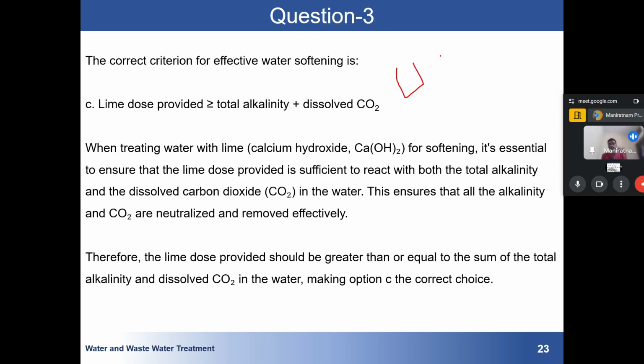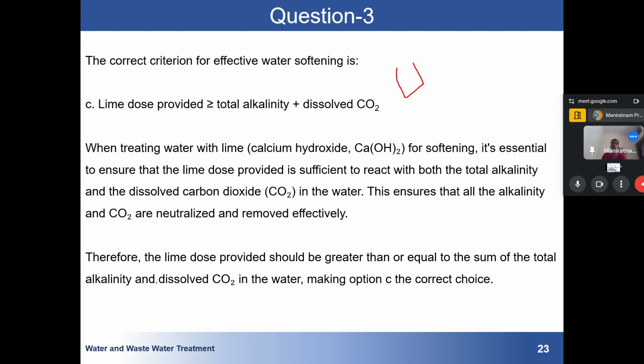By adding lime, I will be precipitating all the carbonate and OH minus present in the system in the form of Mg(OH)2 and calcium carbonate. This carbonate is coming from the alkalinity, because we know that alkalinity is only due to carbonate, bicarbonate and caustic, that is OH minus. So when treating water with lime, calcium hydroxide, for softening, it is essential to ensure that the lime dosage is sufficient to react with both total alkalinity and dissolved CO2 in the system.